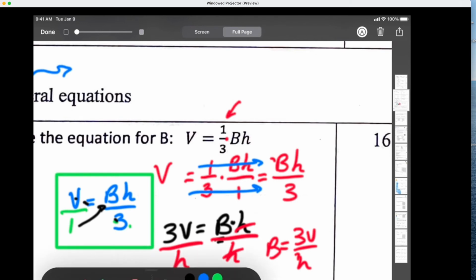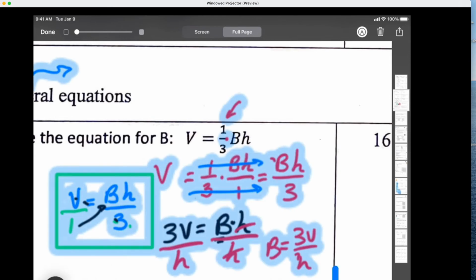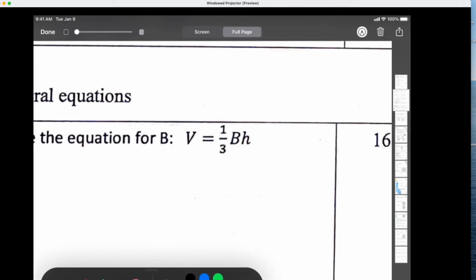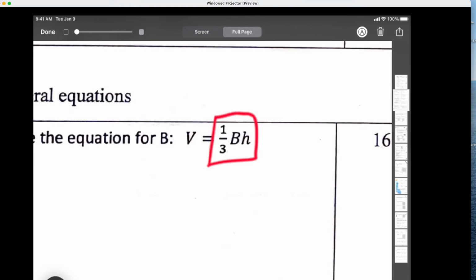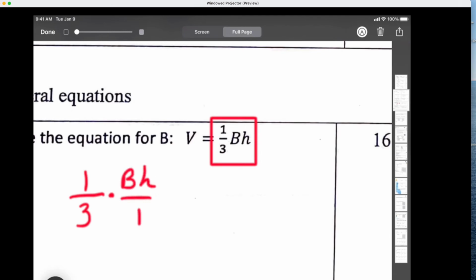So folks, here's the key move. The key move is creating fractions. Understanding that this 1/3 times BH can be written as 1/3 times BH over 1.